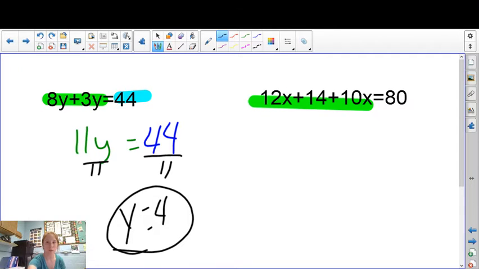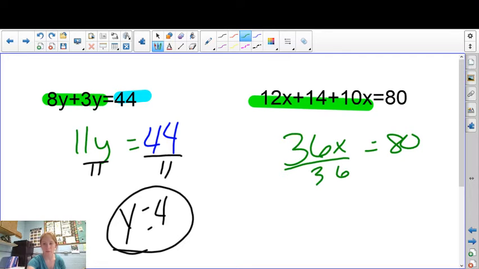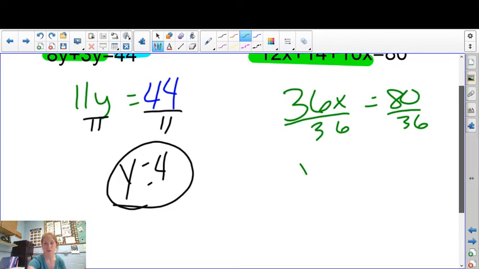Which gives me 36x, which is equal to 80. When I divide both sides by 36, though, x is equal to 80 over 36, which I can divide both by 4, which would give me 20 over 9.